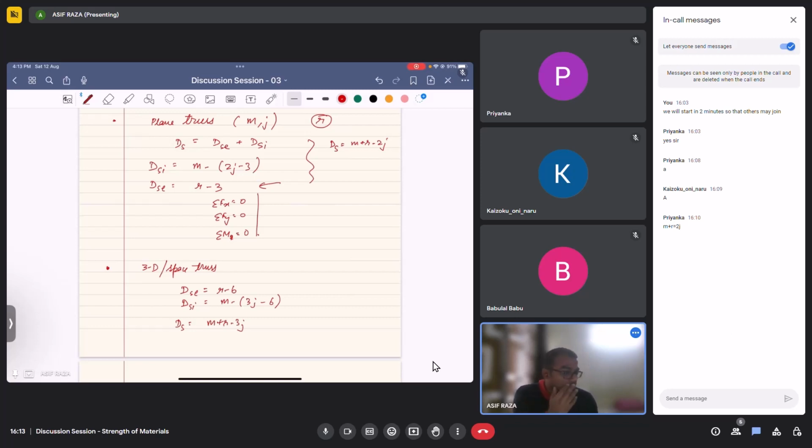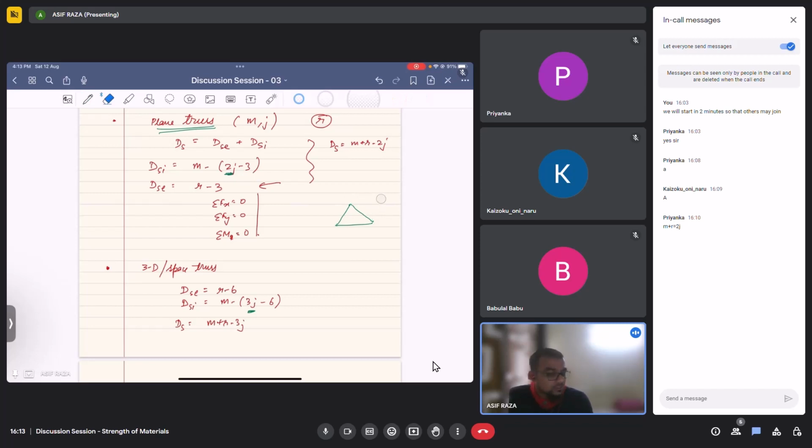So that is one thing. You should inquire about why there's 2j and why it is 3j here. Let's do a simple thing. What is the basic plane truss? The basic plane truss is when we have only this, with at least 3 members. Then other members are added.